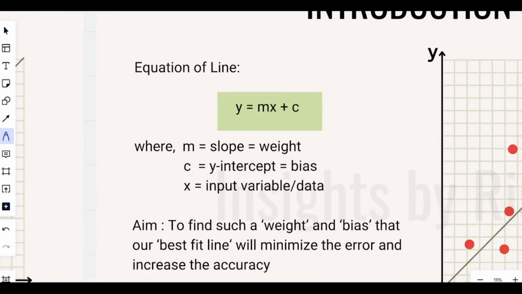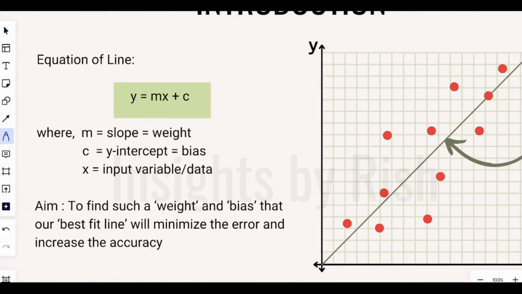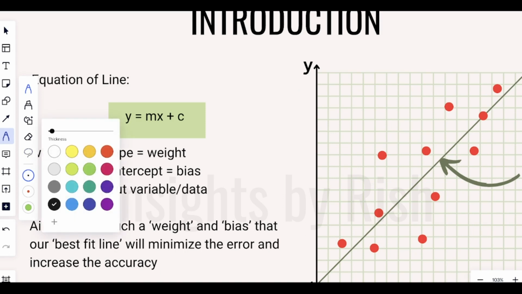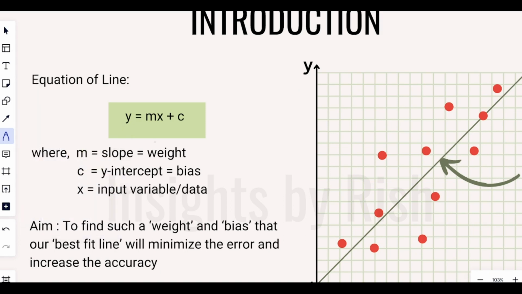So moving forward, here as we can see, the equation of this line is y equals mx plus c, which is a basic mathematical equation. Now m stands for slope and c stands for y-intercept. In machine learning, we consider our slope as weight and our y-intercept as bias. So let us consider this is a graph and this is our line.